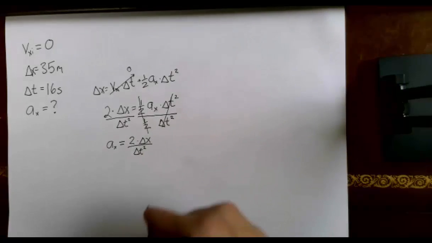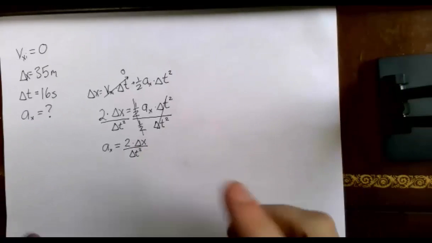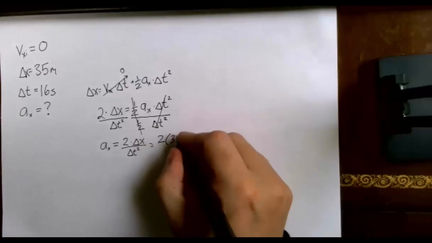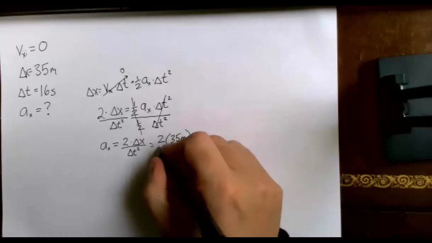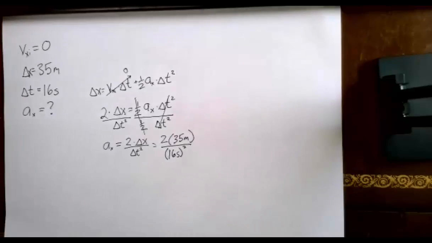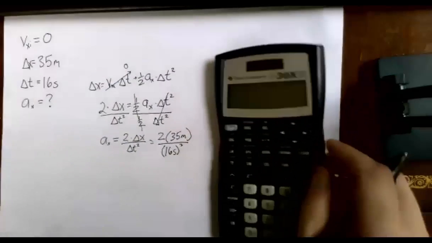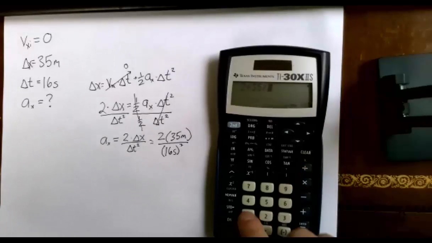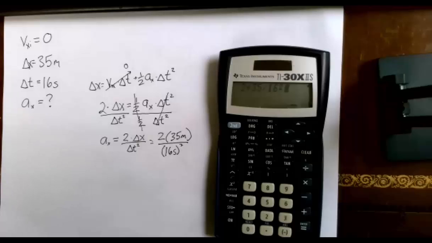All right, now I can go ahead and plug my numbers in. That's 2 times 35 meters divided by 16 seconds squared. So on the calculator, 2 times 35 over 16 squared, I get 0.273.